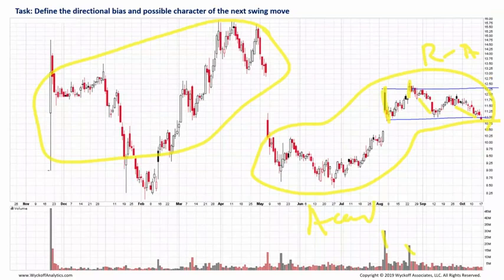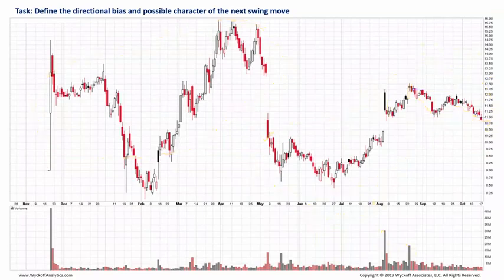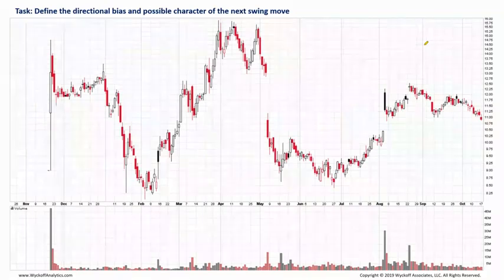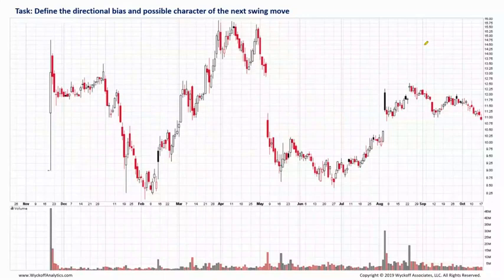So at the very big level, I think this is an accumulation because of how volatility has diminished to this point, and then we go to the structural analysis and think where we are. What do you think? Where in the structure are we here?